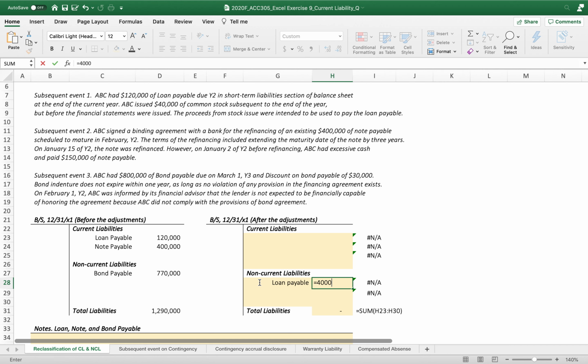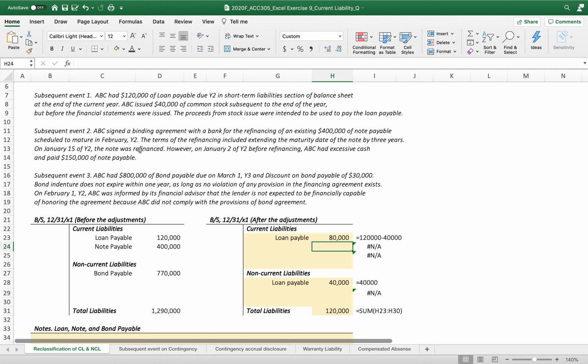The rest doesn't have the ability to be paid, so the loan payable should be $120,000 minus the $40,000.